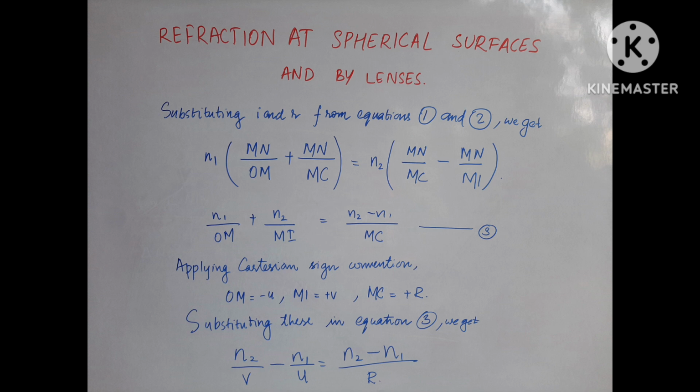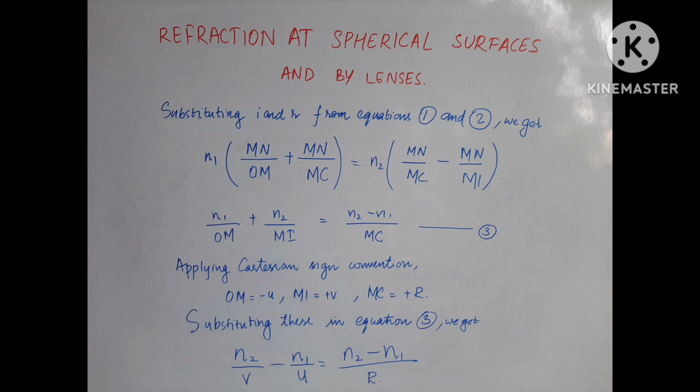When we use this third equation, we can apply the Cartesian sign convention. That is, OM can be considered as minus u, MI as plus v, and MC as plus r. Using this, we can write the equation n2 by v minus n1 by u is equal to (n2 minus n1) by r.